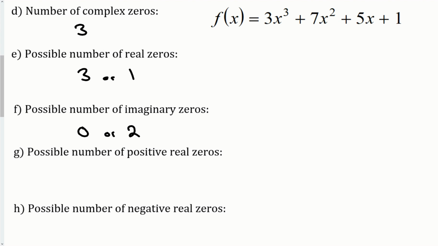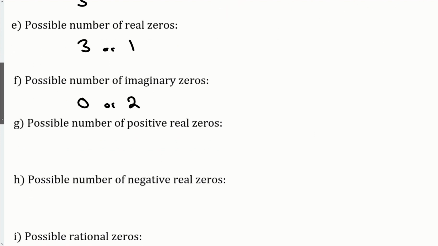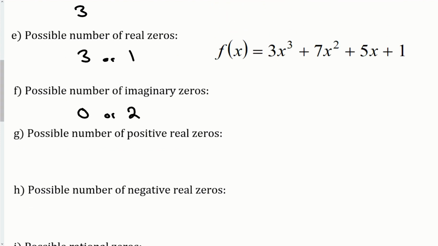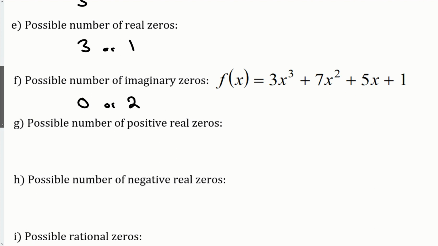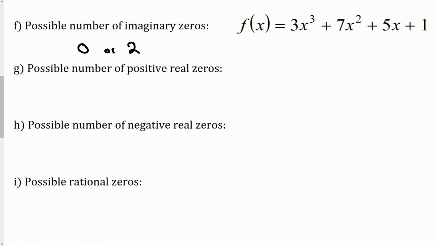All right, the possible number of positive and negative real zeros. In order to solve this, we use Descartes' rule of signs. So now we're looking for the number of sign changes in this expression. There are no sign changes in the original expression. But to get the next one, we have to put a negative in for x, which changes the sign of every term with an odd exponent.